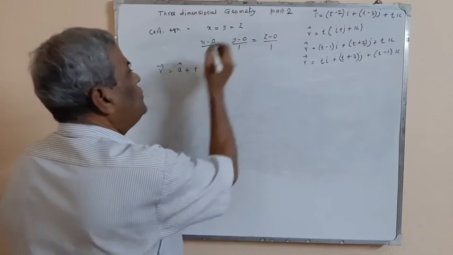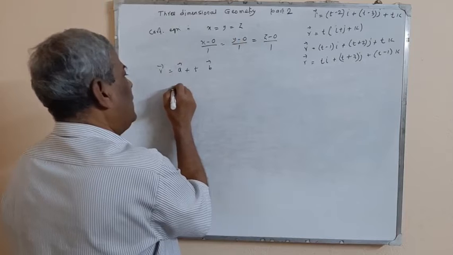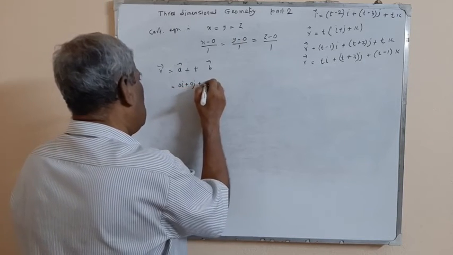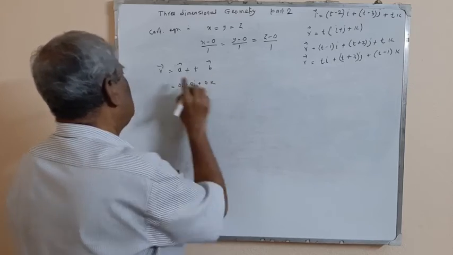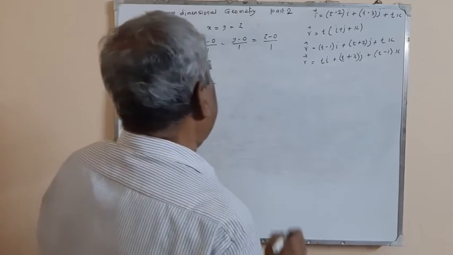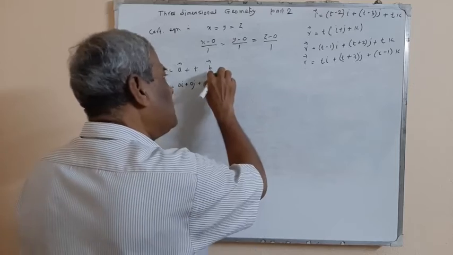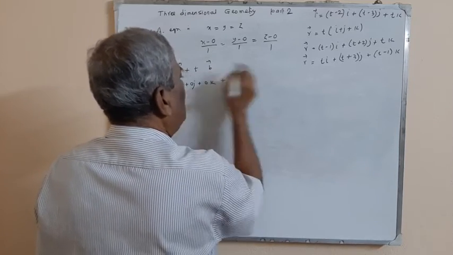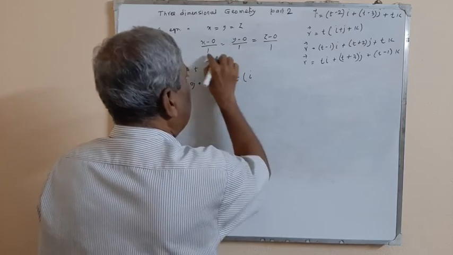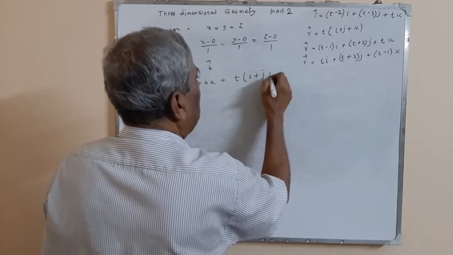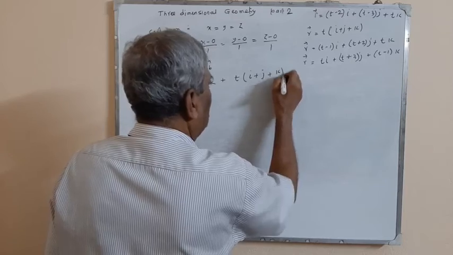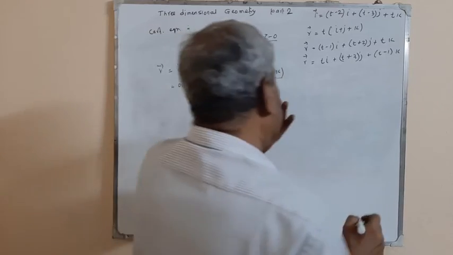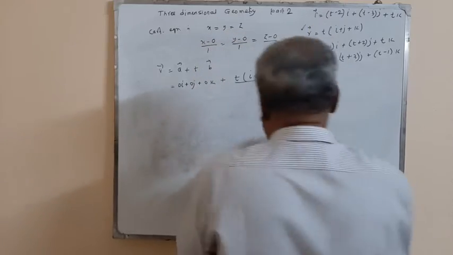Now here a is 0, 0, 0, so it is 0i plus 0j plus 0k. And b is the parallel vector, it is actually t into 1 into i plus 1 into j plus 1 into k. So the answer is r is equal to this. It means the second option is correct.